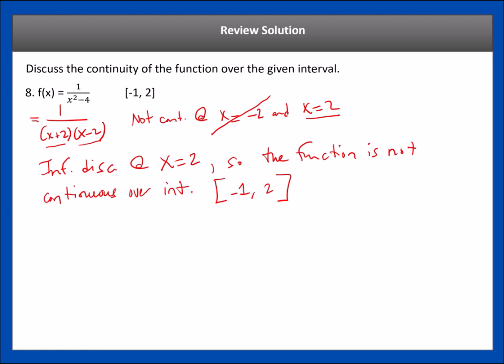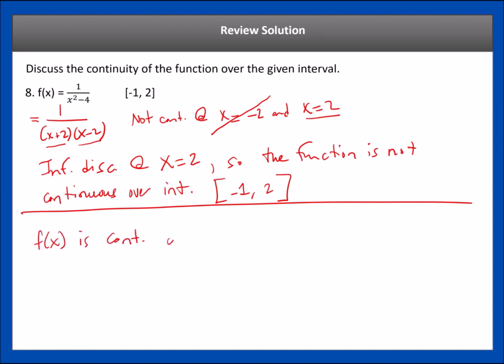So the function is continuous over this interval, but it's not continuous at this point. So let me put a side note. So f of x is continuous on (-1, 2), right?